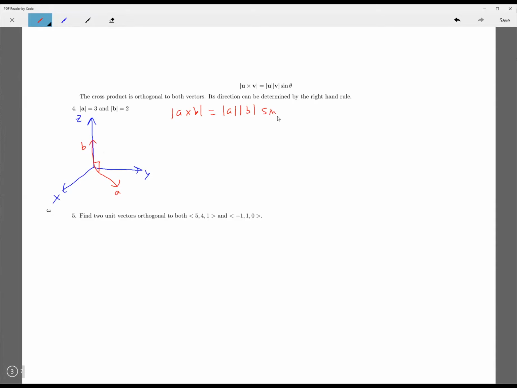Here the angle is 90 degrees, or pi over 2. And we know this is 3, that's 2, right? And the sine of 90 is what? It's just 1. Okay, so the answer to the first part is 6.